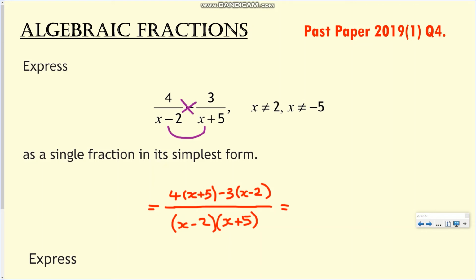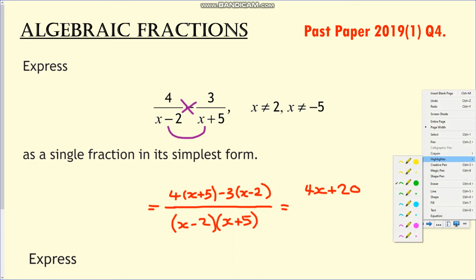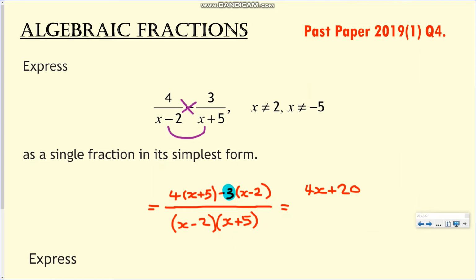Okay, the next thing I need to do is multiply out these brackets on the top half of the fraction. So I'm going to get 4x and then 4 times 5 is plus 20. We're then multiplying through our next bracket by minus 3.